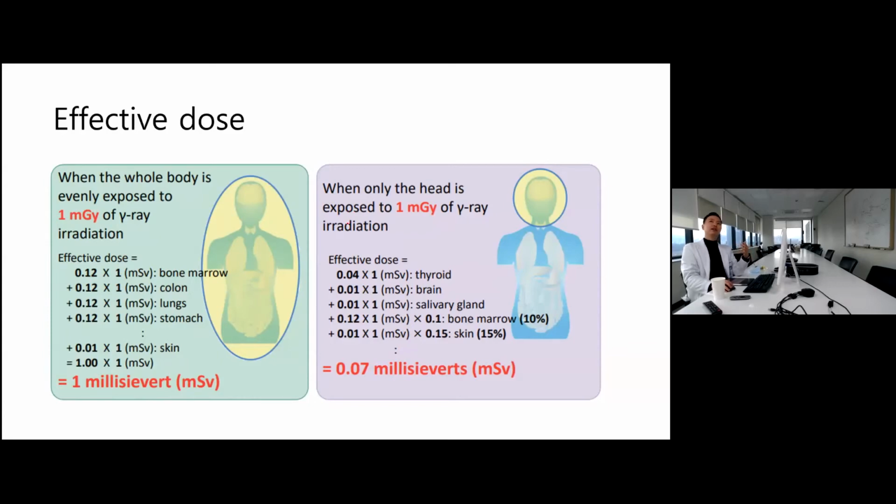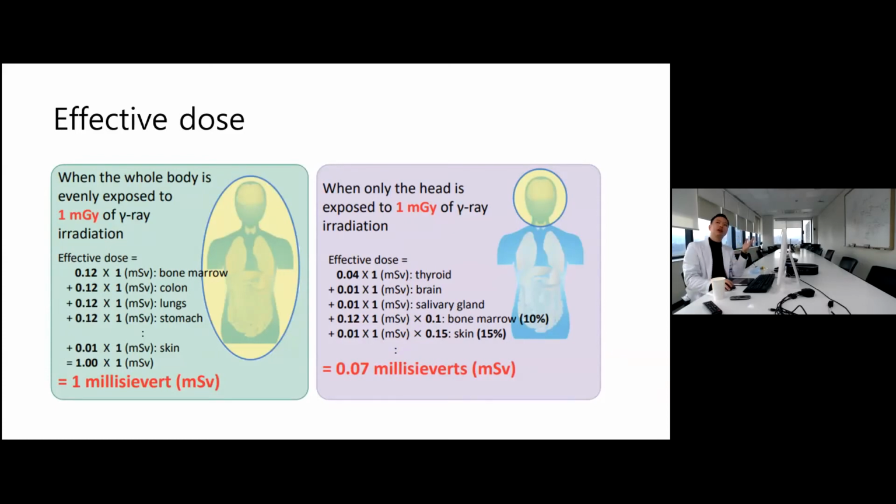However, when only the head is exposed to 1 milligray, the tissue weighting factor should only be applied to the tissues which were irradiated. So tissues in the head, like thyroid, brain, and salivary gland, are entirely exposed to the radiation.